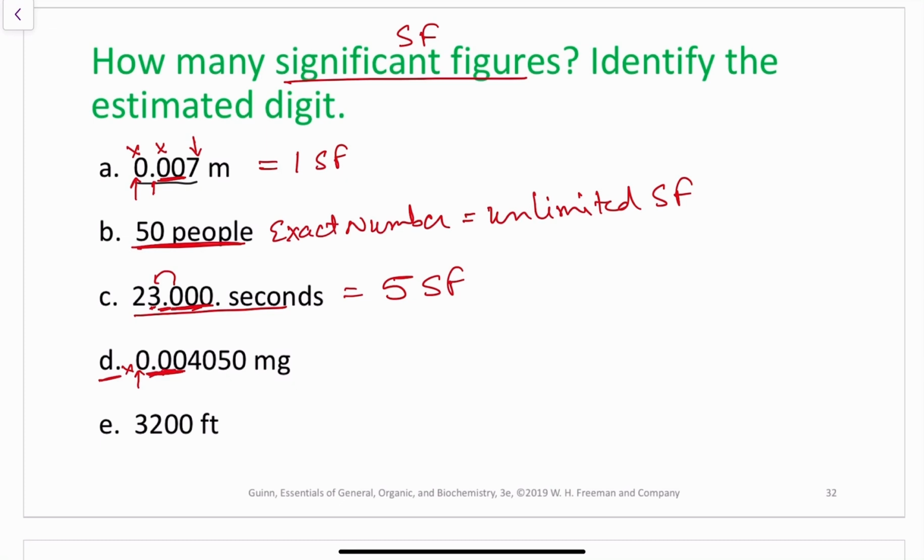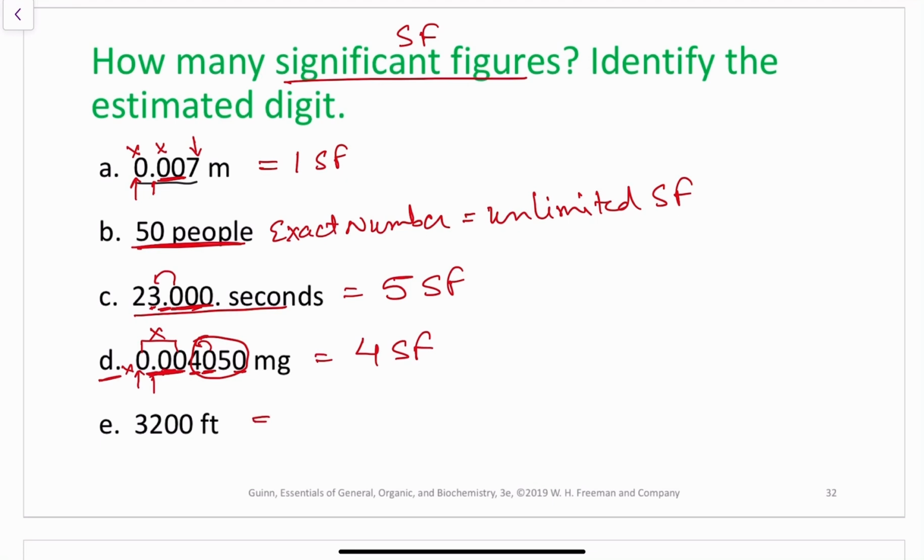So all the 3 zeros cannot be counted as significant. But can we count this 0 and this 0 as significant? Because we know a non-zero number is significant. This is 4, a non-zero number in front of the 0, and we have a decimal also. That means all of these are significant. So we have 4 significant figures in here.